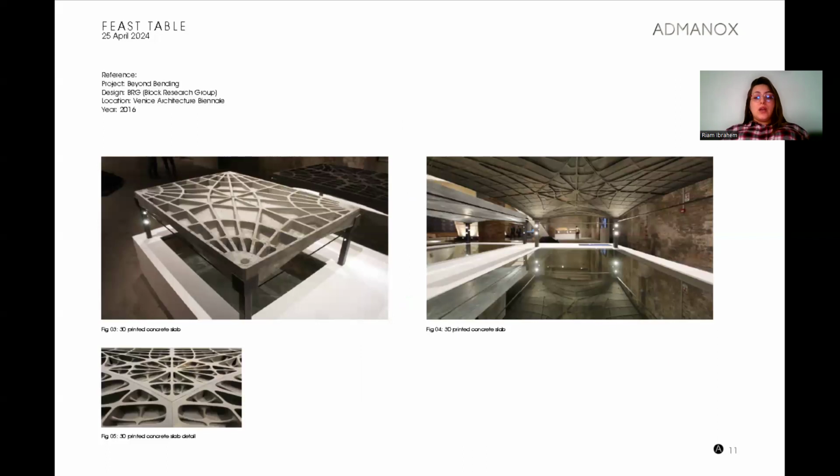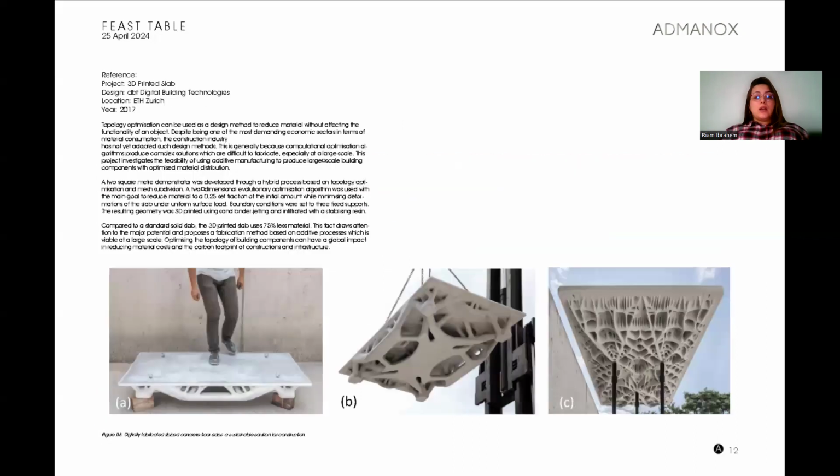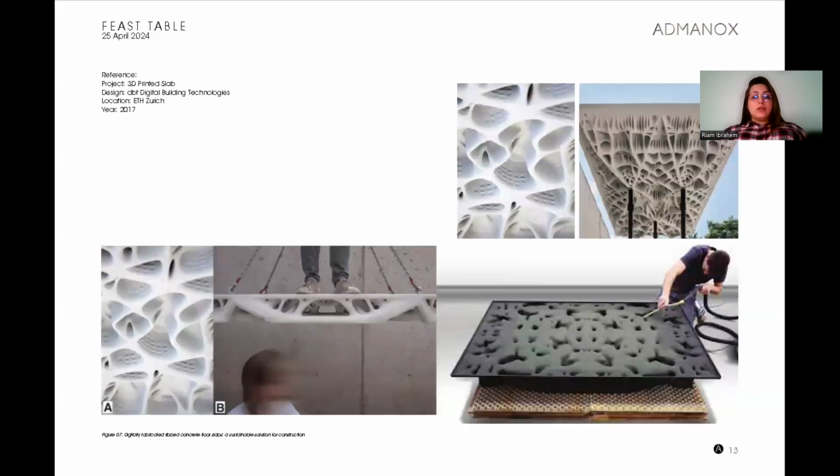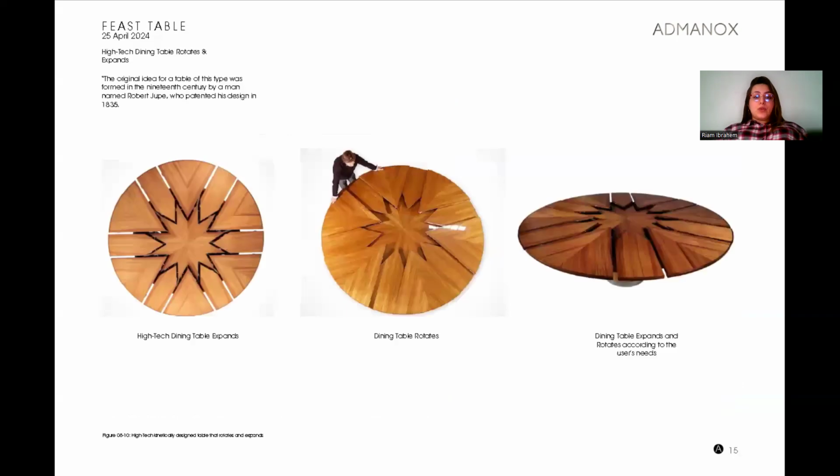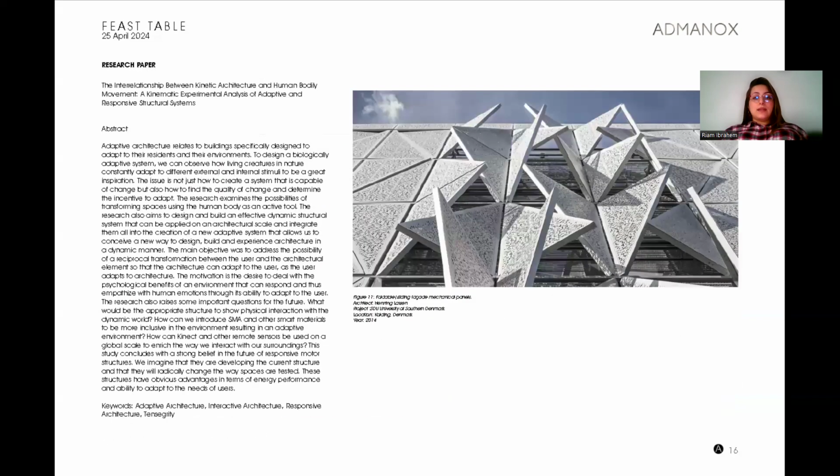And these are references that I looked at of 3D printing, and some of them are very successful in terms of efficiency of material and structure. So kinetically responsive architecture, like these examples, that a table can expand, rotate, and scale in one space.